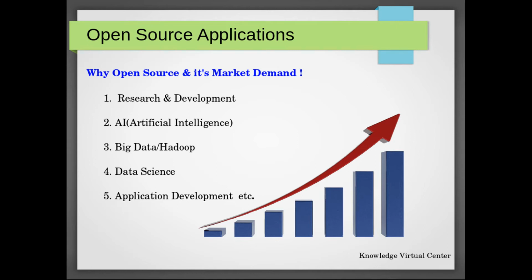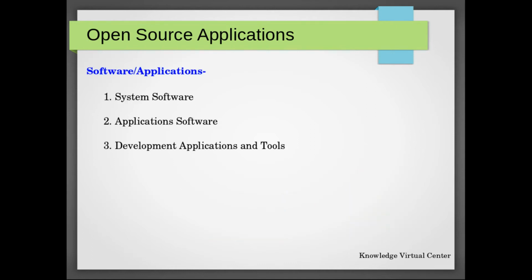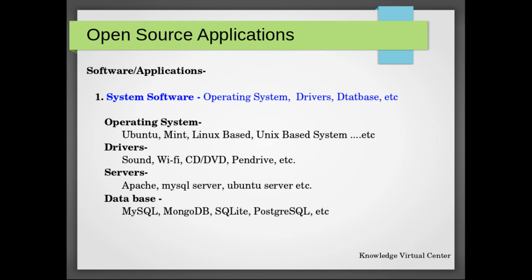Next is software applications. As we know, software is majorly categorized into three parts: system software, application software, and development applications and tools. System software is the software responsible for running the system.